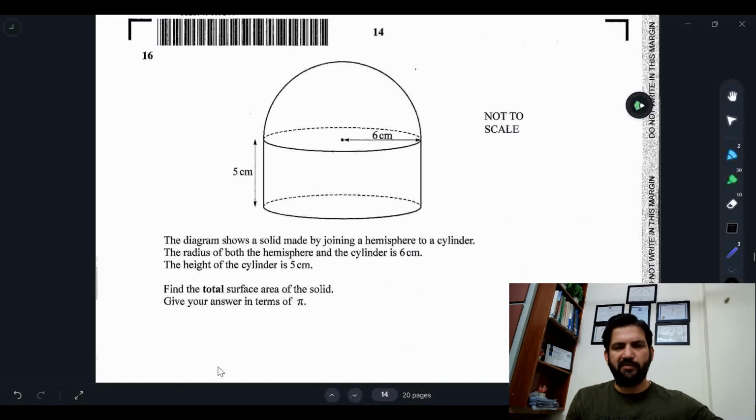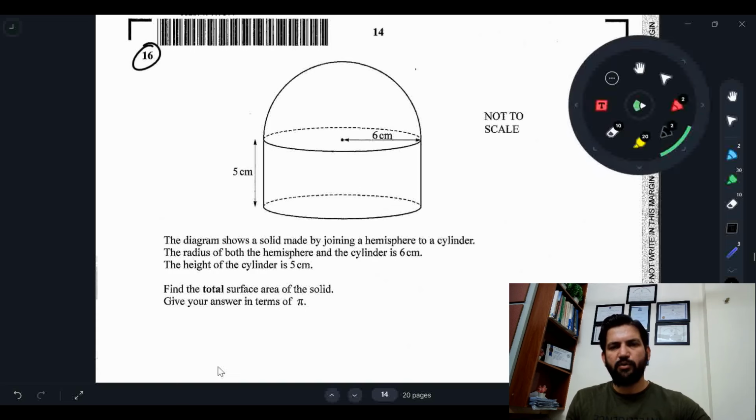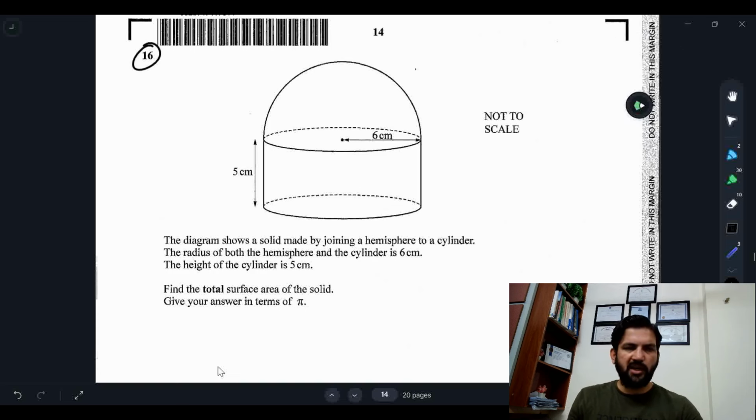Question number 16. What we have to do is find the total surface area of the solid. For total surface area, we have to find out the area of each side. We know that the area of the base will be pi r square, so this will be pi into 6 square.